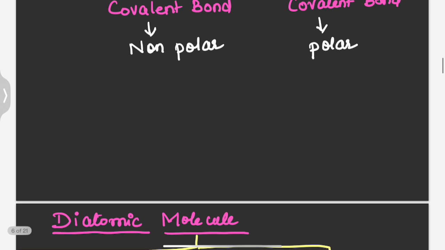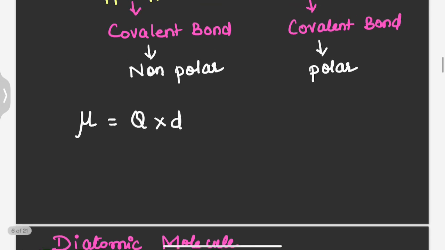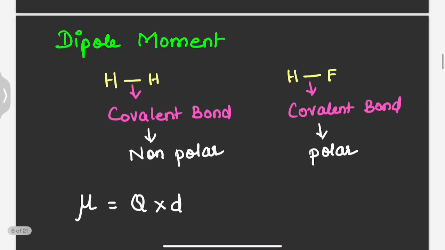Now let us see the definition of dipole moment. Dipole moment is represented by the symbol mu. Mu is equal to the product of charge and the distance between the positive ion and negative ion centers. Here you can see this is the positive ion and this is the negative ion.